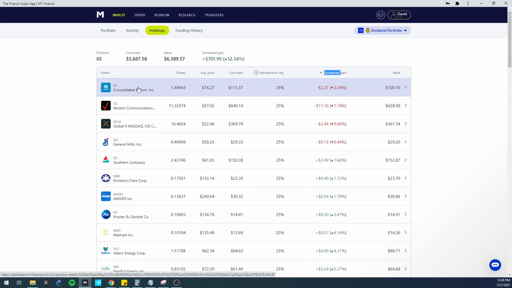So right now, you see my cost basis is $111.37. Well, the value is $109.10, which means that I've actually, as of today, lost money. If I sold all of my 1.49943 ED shares, I would have actually lost $2 and some cents.